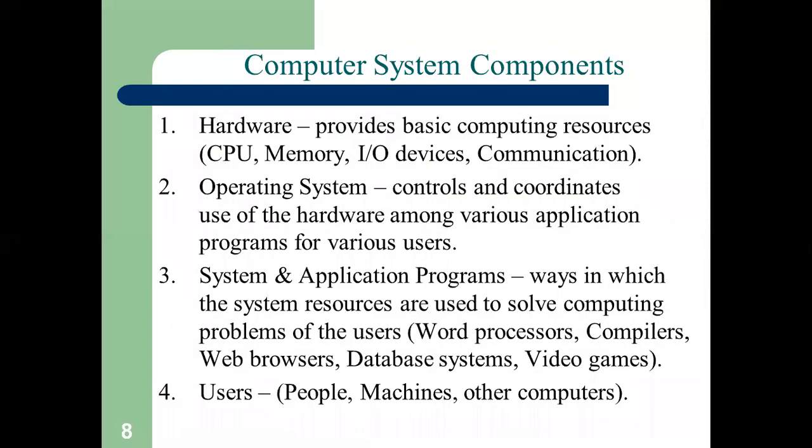Now the computer system has a lot of components, and how they are connected you have already seen in the preceding diagram. So here we can talk about the hardware, the operating system, application programs, and different types of users. The users are those who are using that particular machine.